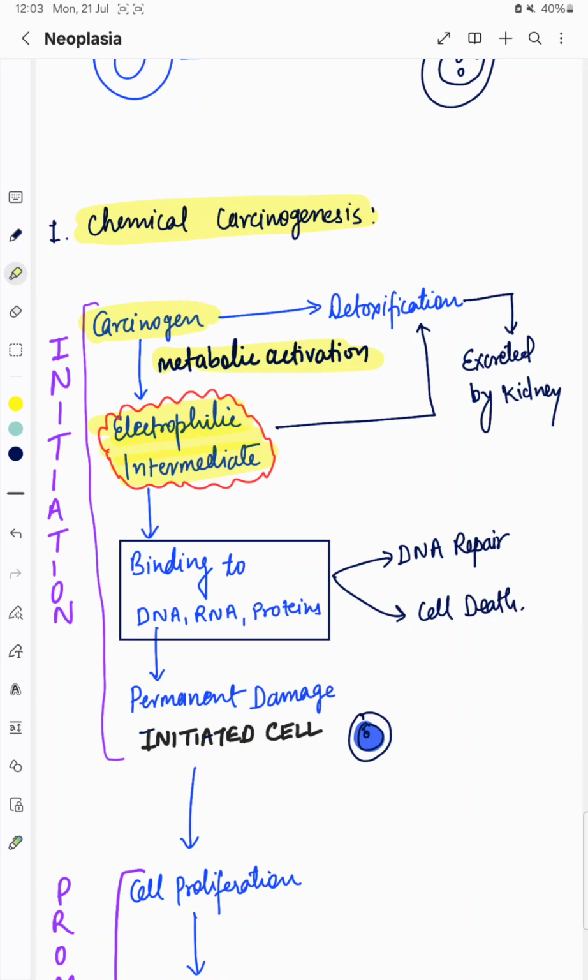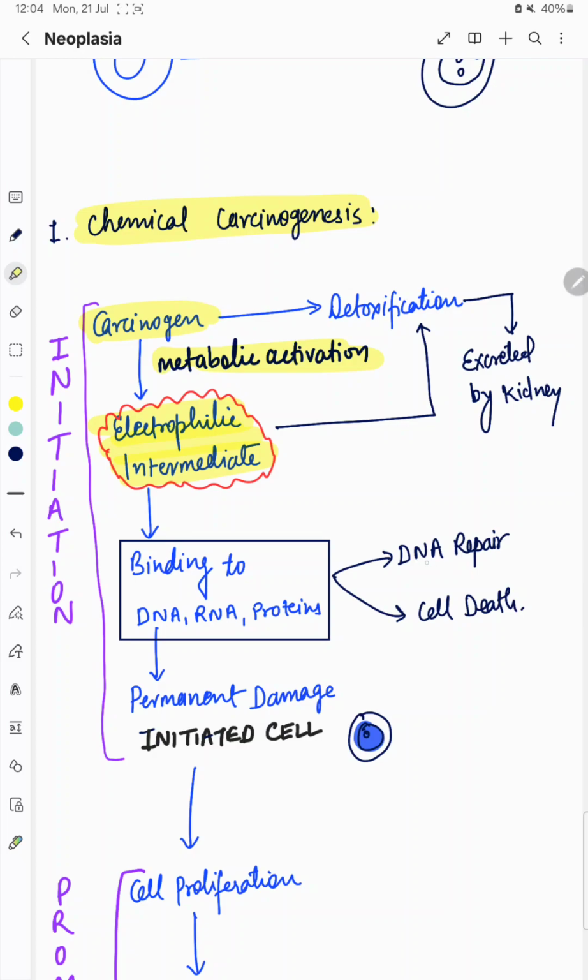Normally, whenever there is DNA damage, the cell undergoes DNA repair and acts normally, or if the DNA damage is irreparable, then the cell activates the process of senescence or apoptosis and results in cell death.